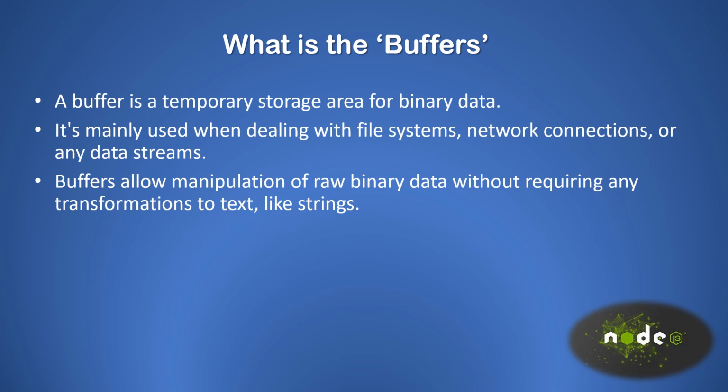They enable us to manipulate this binary data efficiently without needing to convert it to a text format first. This makes buffers highly efficient for tasks like reading and writing files, transferring data over the network, or processing streams of incoming data. With buffers, we get low level control over the data, which is why they are a key part of handling data heavy or real time applications in Node.js.